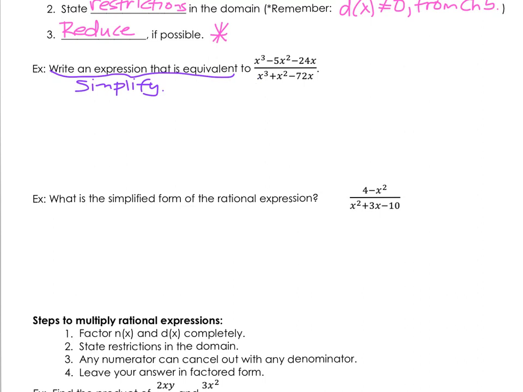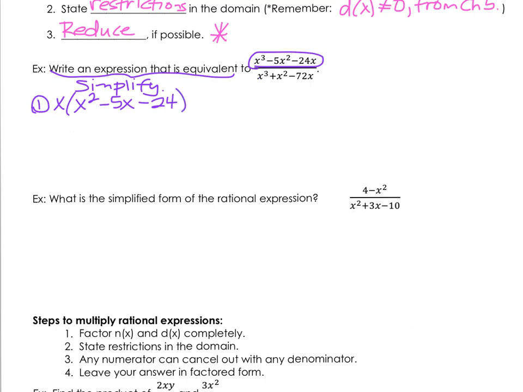Step 1, factor. I noticed that in that top polynomial, n of x, all 3 terms have an x in common. So what we can do is factor that out. And that would give us x squared minus 5x minus 24. But then we can keep going.